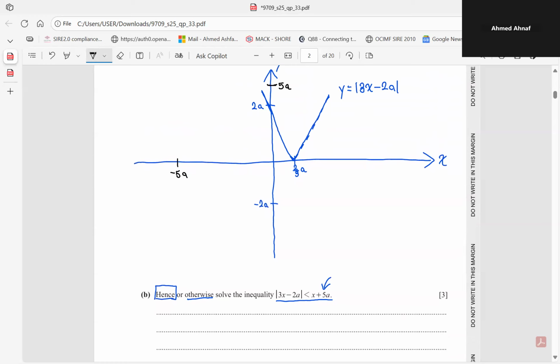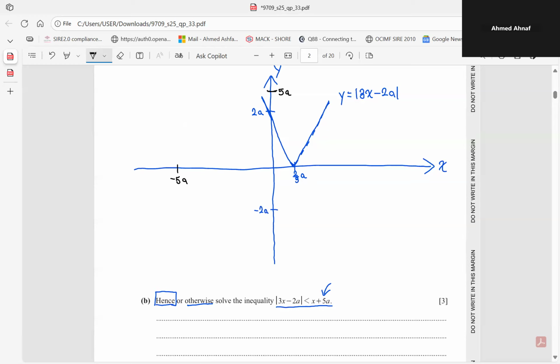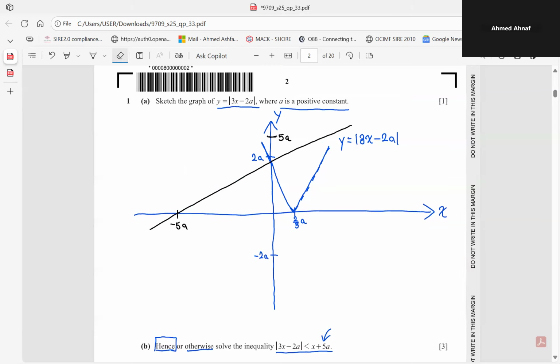Since the steepness of this graph is 1, because the coefficient of x is 1, as compared to the other graph where the coefficient of x is 3, this graph would be less steep. Accurately, it should look something like this. Let me erase this.